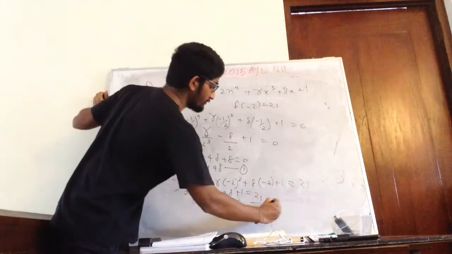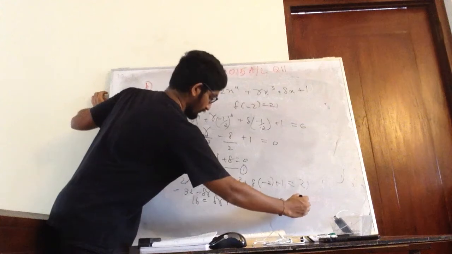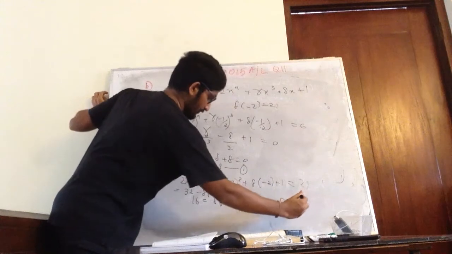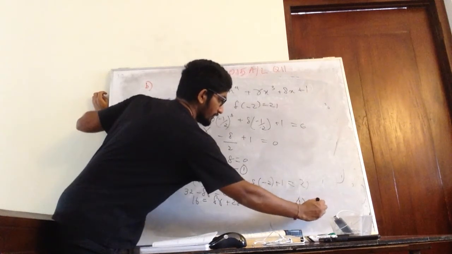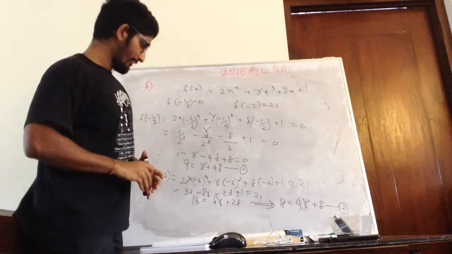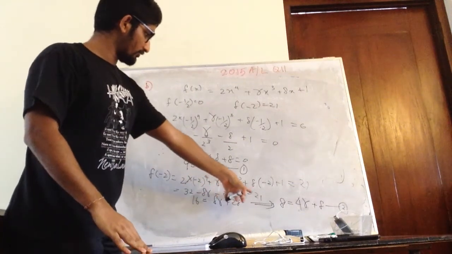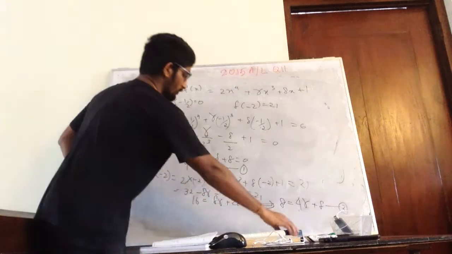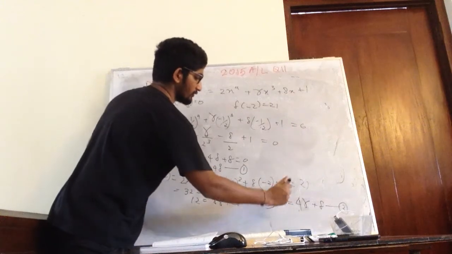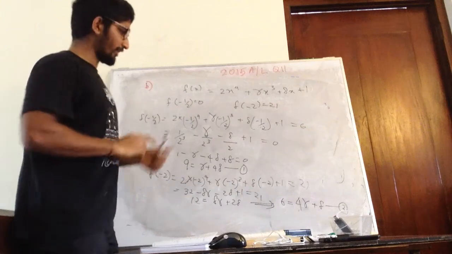That means this comes to 6 equals 4λ plus δ. Write this down.